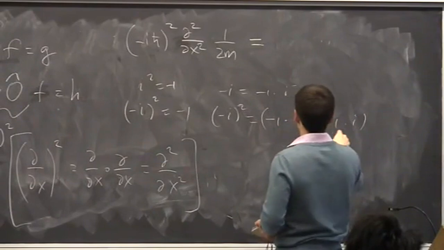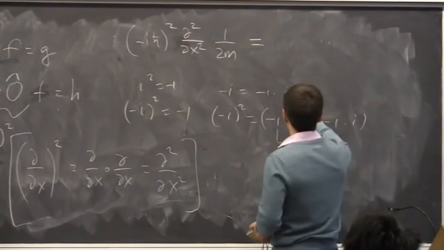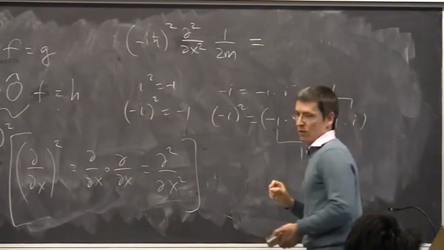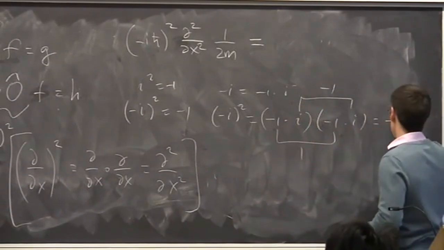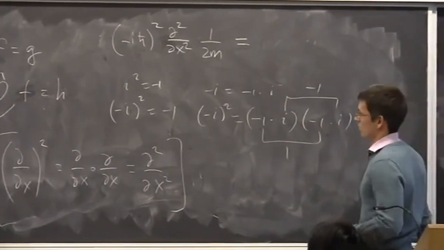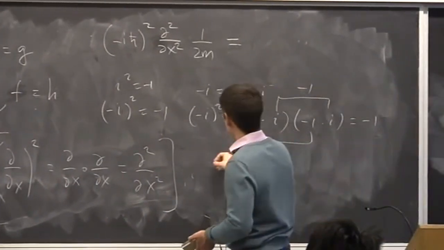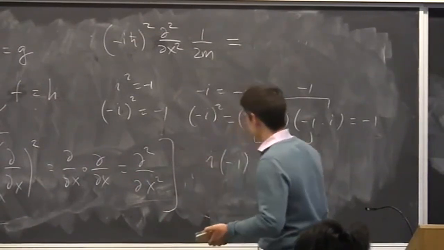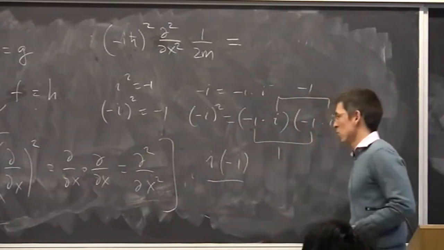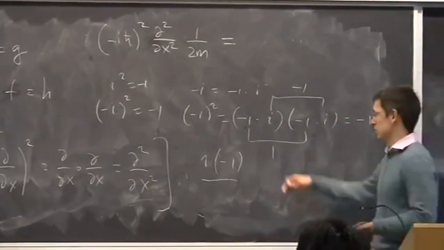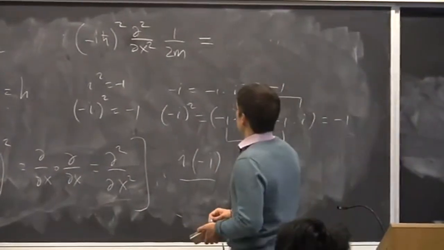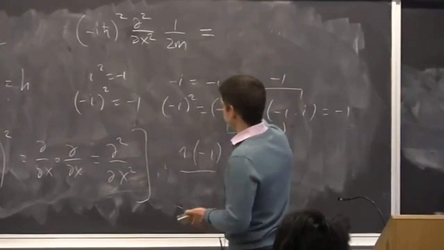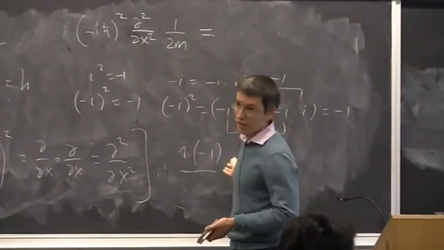So minus 1 times minus 1 gives you 1, but i times i gives you minus 1, right? So then it's minus 1 still. In order to get plus 1, you need to have i multiplied by minus i. Okay, so we'll practice more of this complex arithmetic next lecture, but right now, hopefully this is clear.